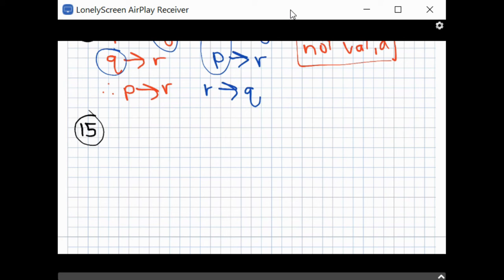Use the true statements below for exercises 15 through 18. So we're going to be using the same statements as before. Determine whether each conclusion is valid. Let's read the statements. The Top Thrill Dragster is at Cedar Point Amusement Park.